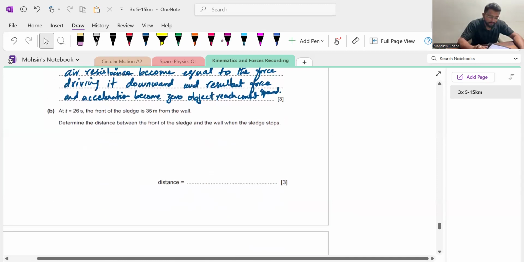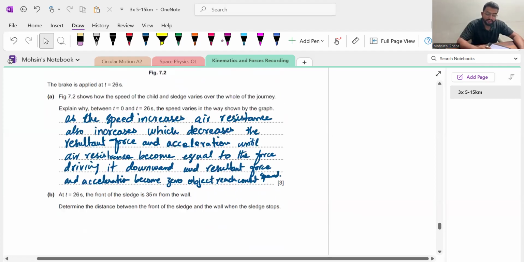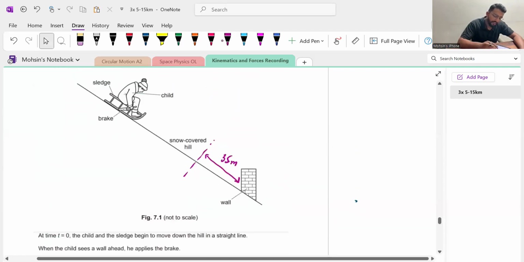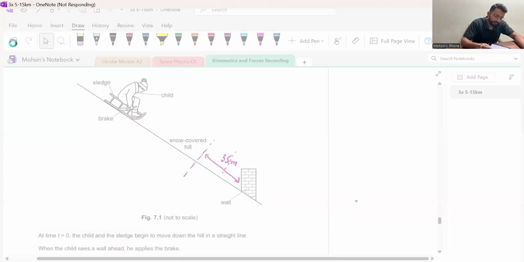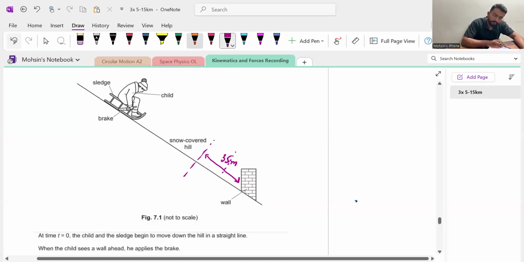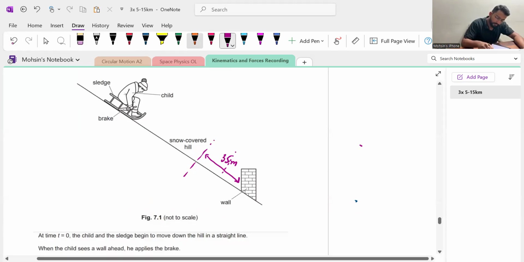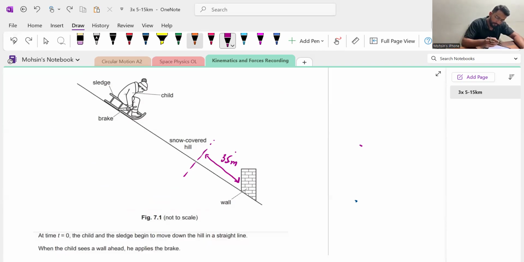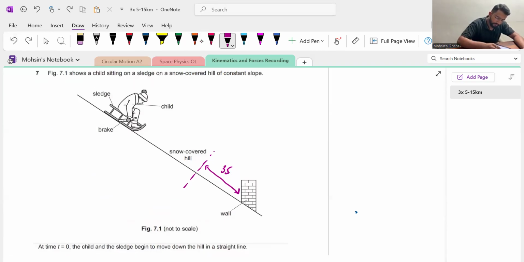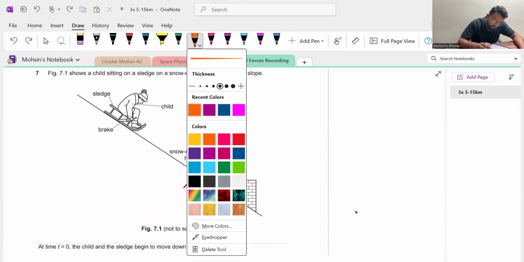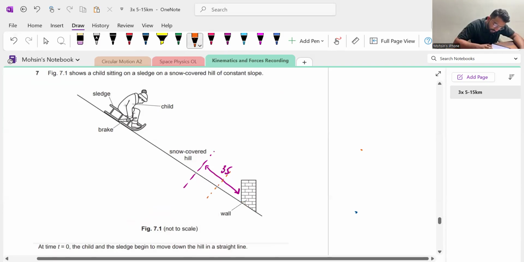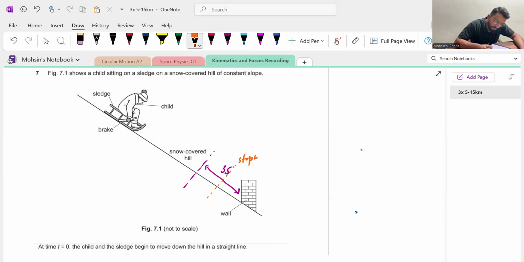Determine the distance between the front of the sledge and the wall when the sledge stops. Now, when the person applies brakes, maybe at this particular point, let me change the color. So let's say at this particular point it stops.